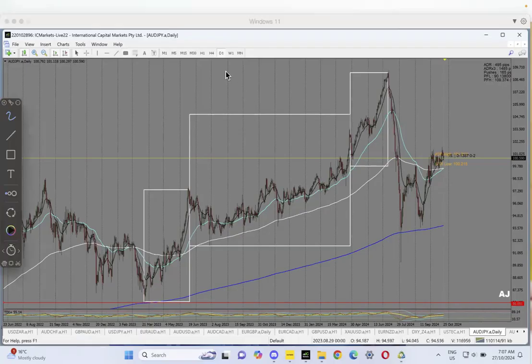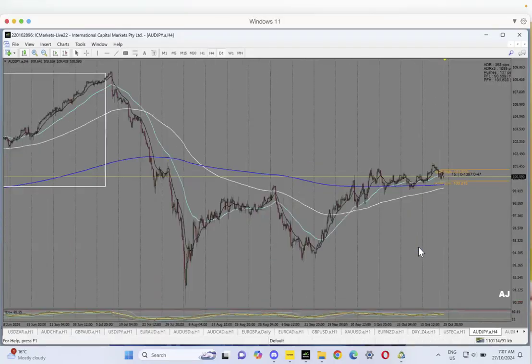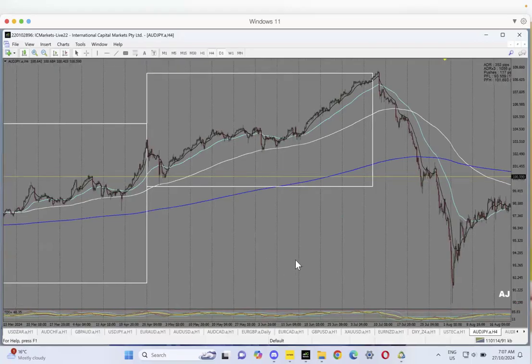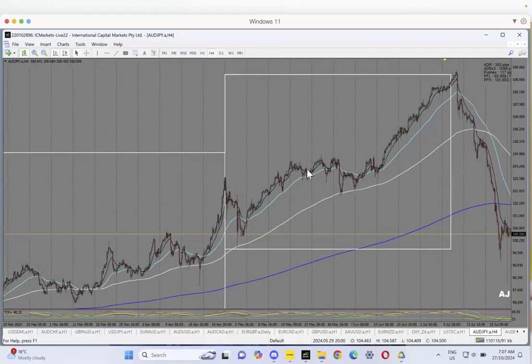Now, if we go to H4 and count levels inside this box, we should be able to find 3 levels of H4.